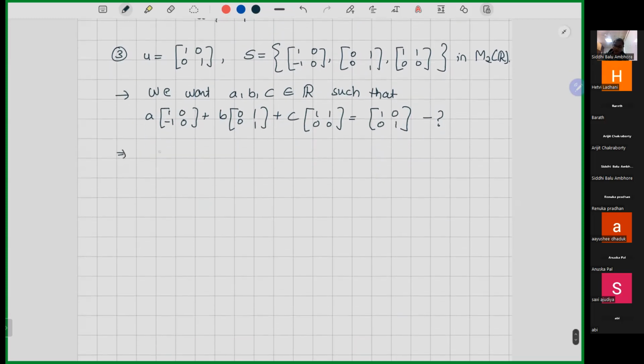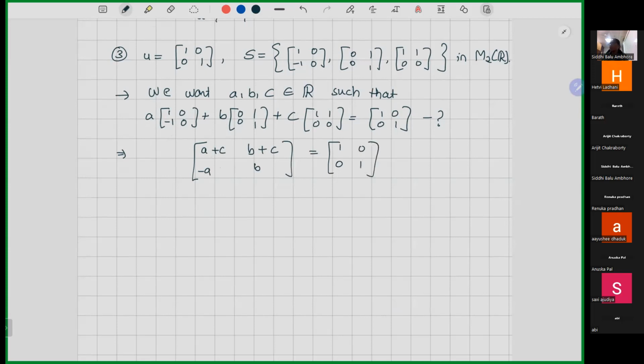I am not writing all the scalar multiplication matrices. So at the end we will get A plus B in the first entry, then A plus C. Here A is 0, B 1 and C 1, so B plus C. Here A is minus A, B 0, C 0, so minus A. And the fourth entry, A 0, B 1 and C 0, so it is B. And this equals 1 0 0 1, right?